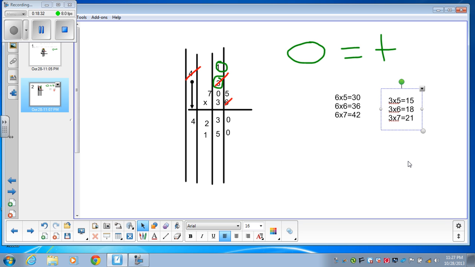Alright, so 3 times 7 is 21. I write my 1 underneath the 4 and carry my 2. Are there any other numbers to multiply the 3 by? I multiplied the 3 by the 5, the 3 by the 0, the 3 by the 7.